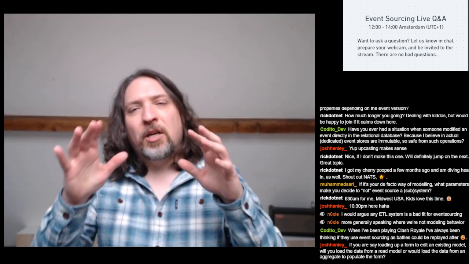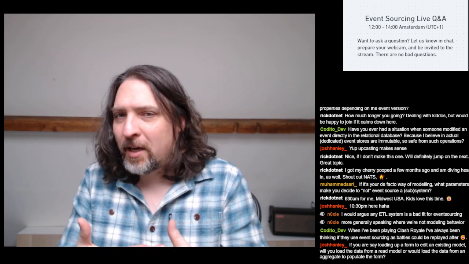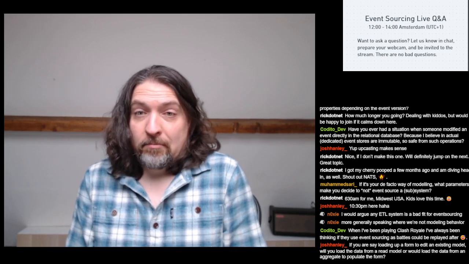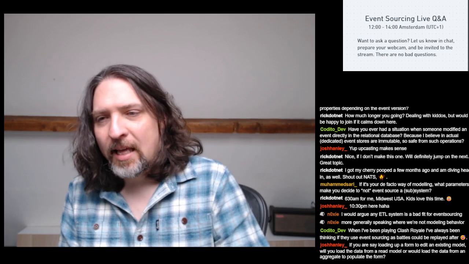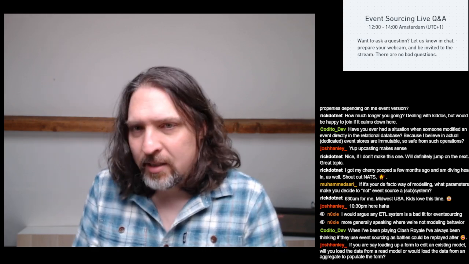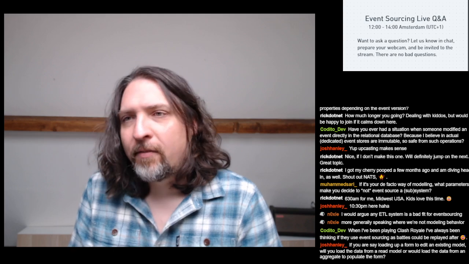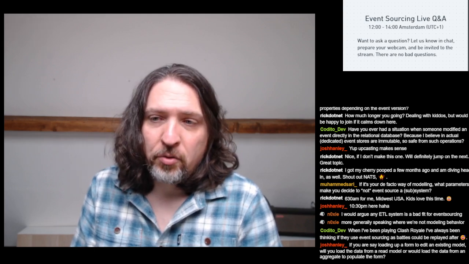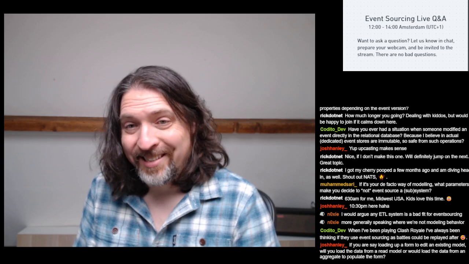Now I'm trying not to go too far down a specific rabbit hole here. It's 100% possible to have immediately consistent read models. I don't want to talk about that. Rather, I would say that there are ways to understand at write time if you are applying a change to a differently versioned state.